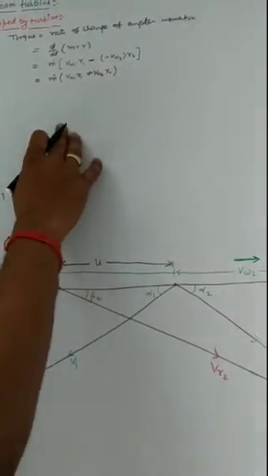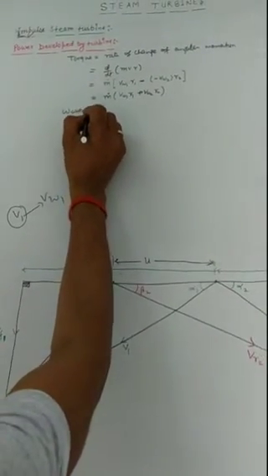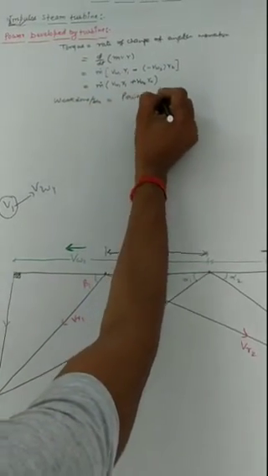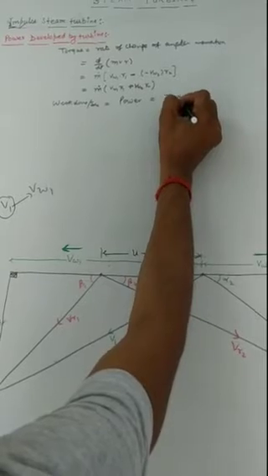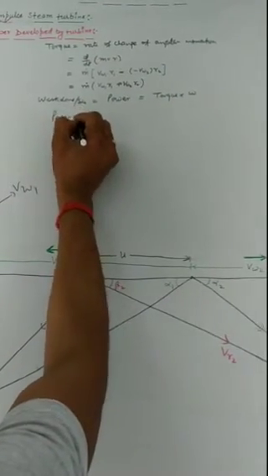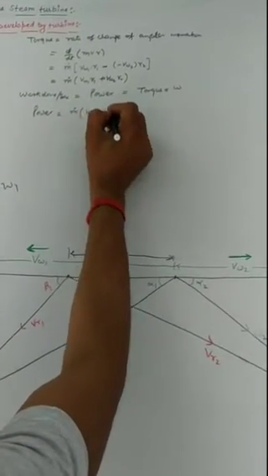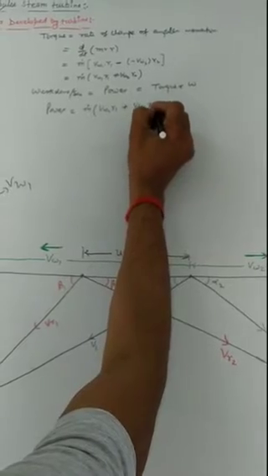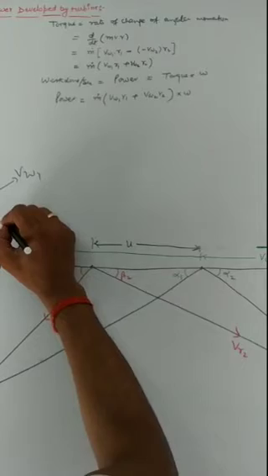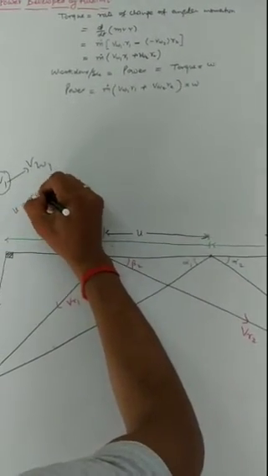Okay, now work done per second is called power, and power can be written as torque into omega, the angular velocity. This power is equal to torque, which we have calculated as m (VW1 R1 plus VW2 R2), into omega, and linear velocity U equals R omega.